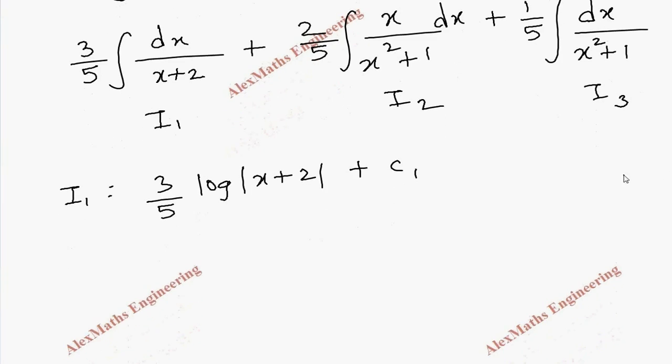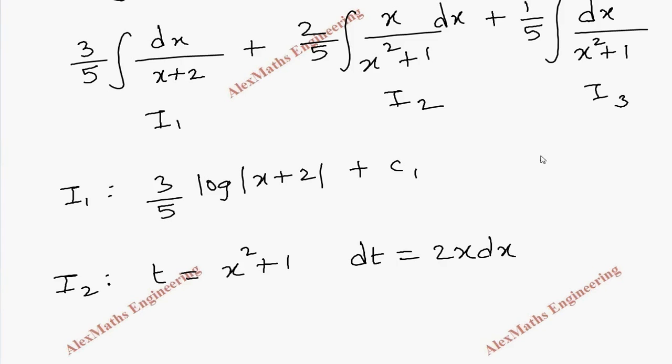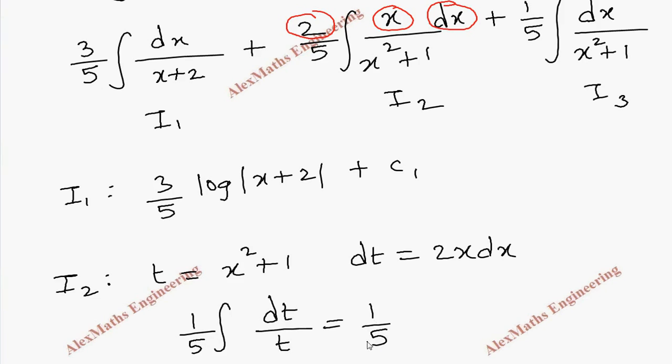Coming to the second part, in I2 we have to do by substitution method. Let's take t is equal to x square plus 1. From this, dt equal to 2x dx. Already there is a 2 outside, so including this, 2x dx we can write as dt divided by t. Apart from that, we have 1 by 5. So this is 1 by 5 log mod t plus c2.